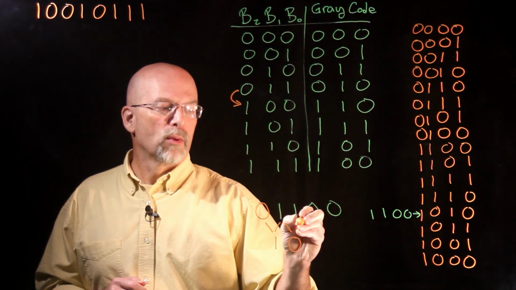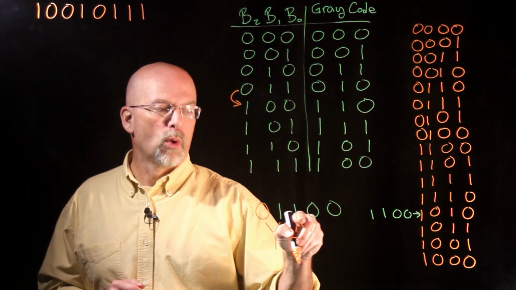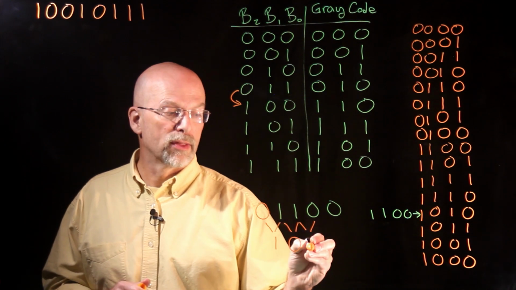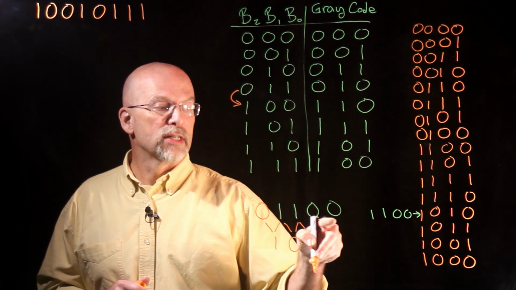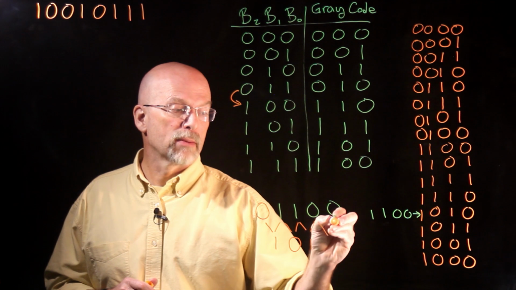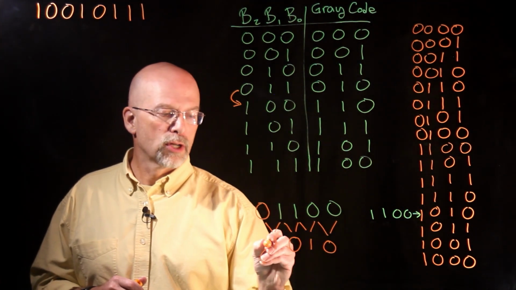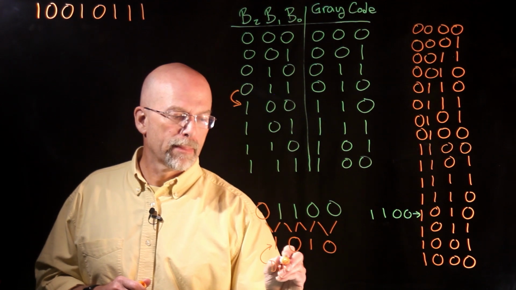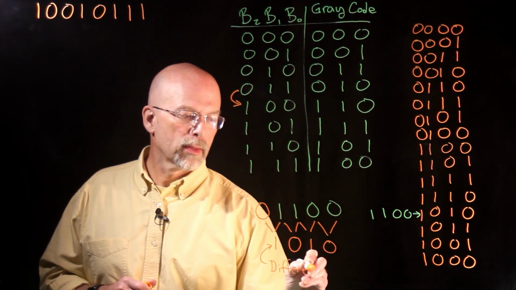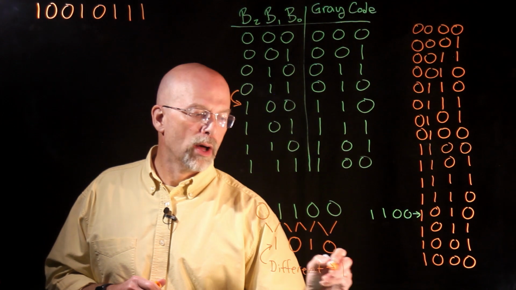Once again, we have the next 2 bits, 1, 0, those are different, there's a 1. These next 2 bits are the same. 0 is the same as 0. Same, put a 0. So when they're different, put a 1.